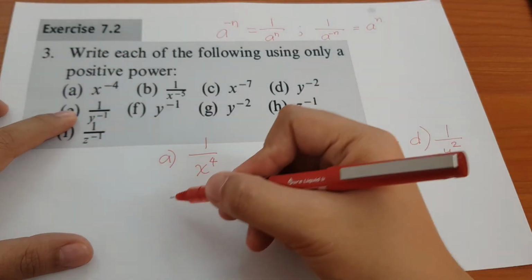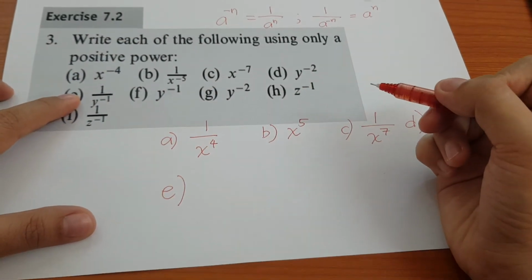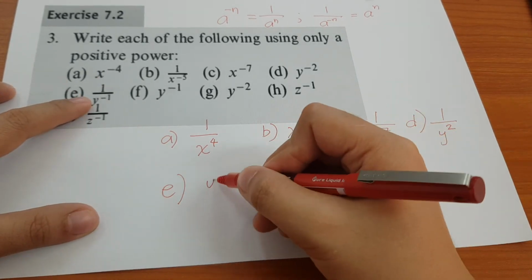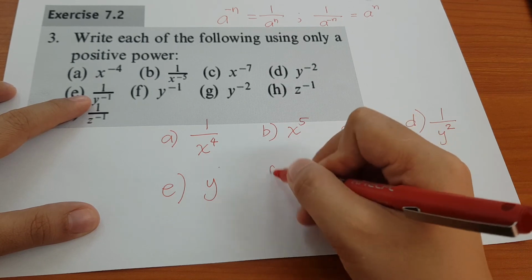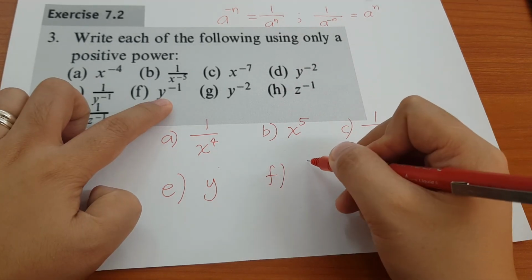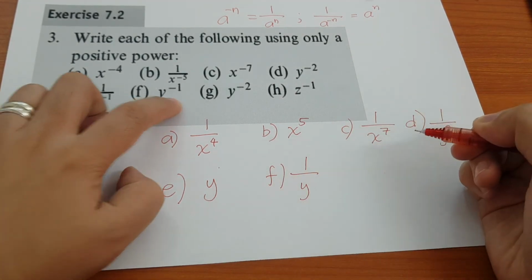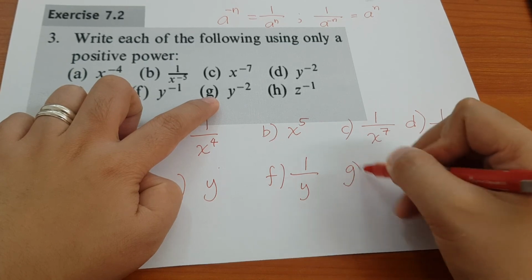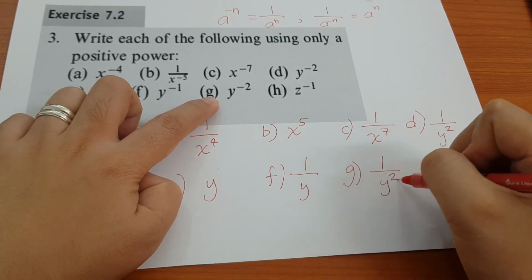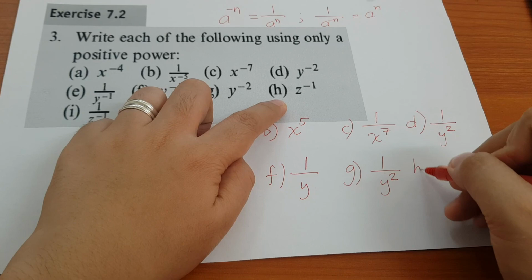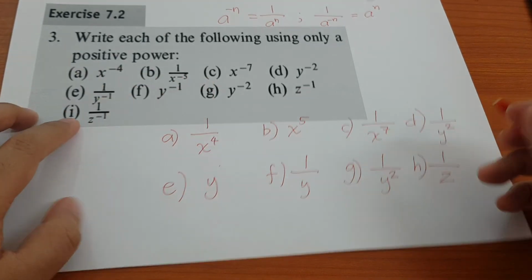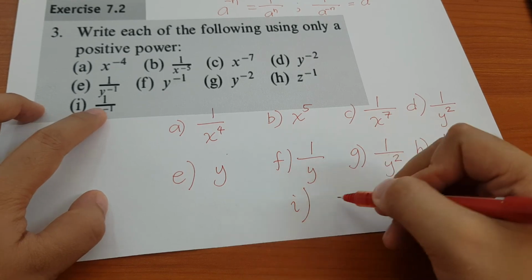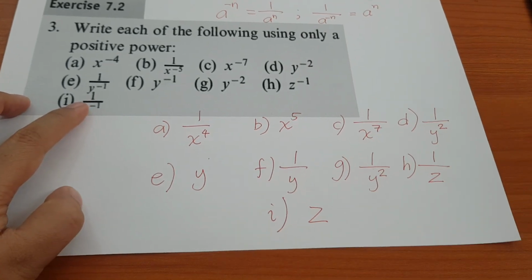Letter E, so it is negative down, so put it up, but 1 you don't need to write. F, so down. G, again down and positive. H, again down. So I will be positive and then you put it up.